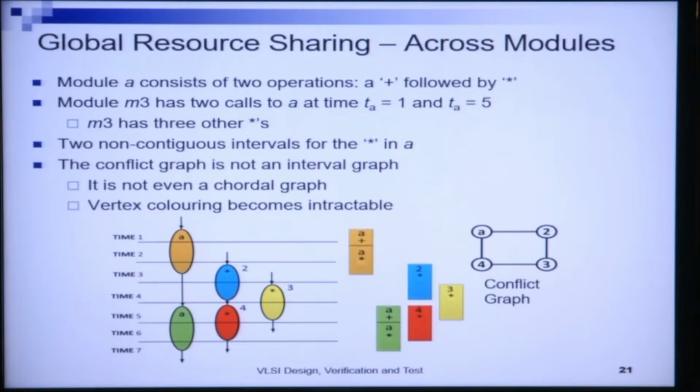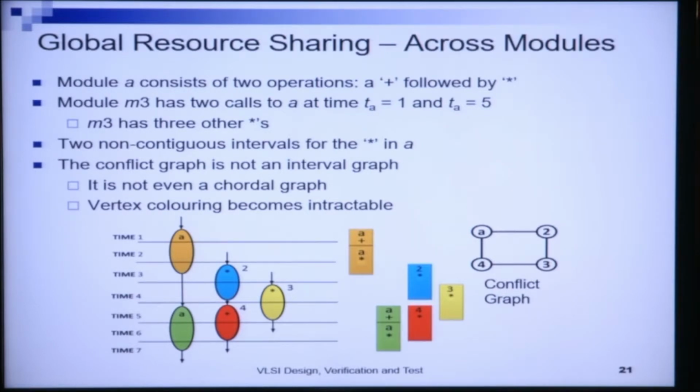Module A consists of 2 operations, a plus followed by a star, similar to the previous 2 examples. Now, module 3 has 2 calls to A, at time t equals 1 and again at time t equals 5.